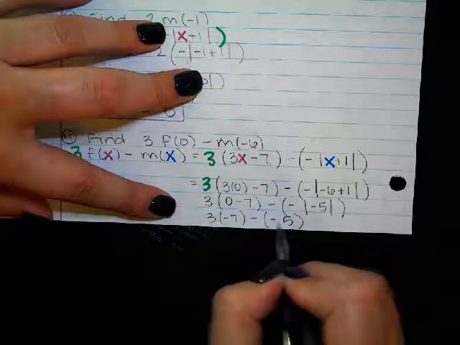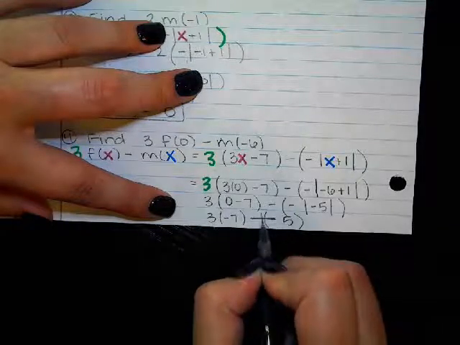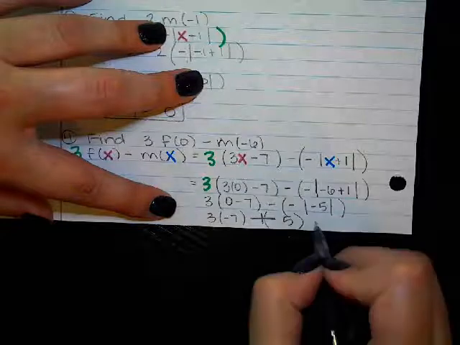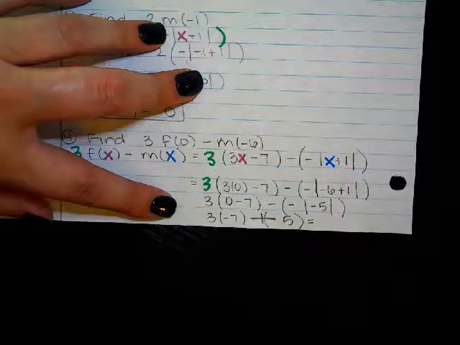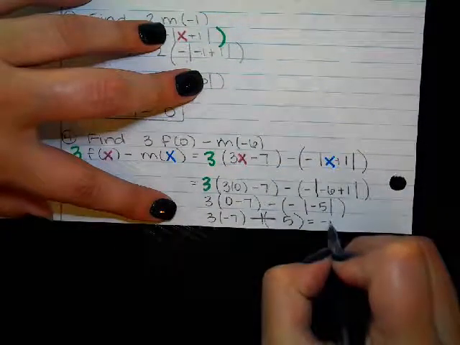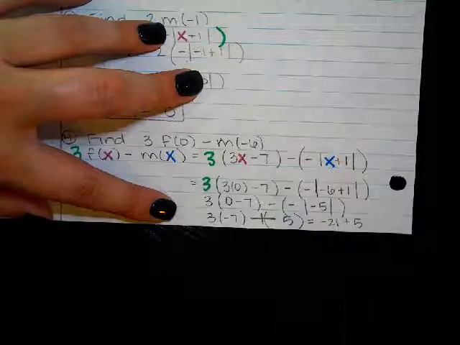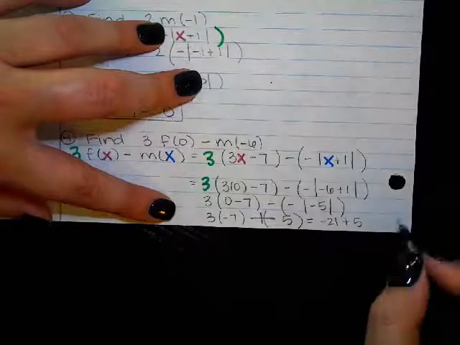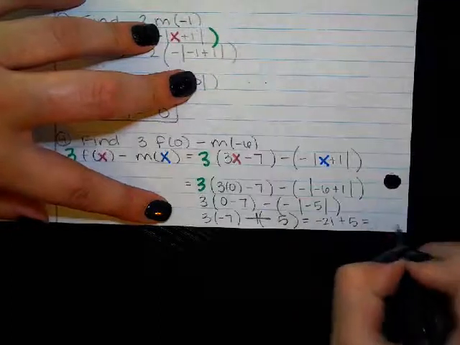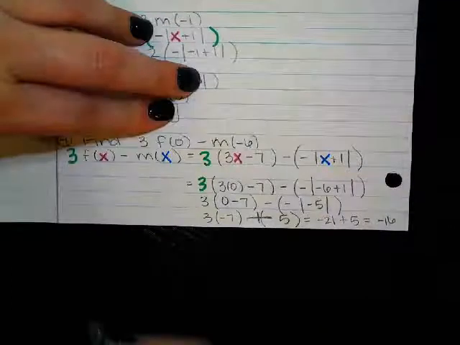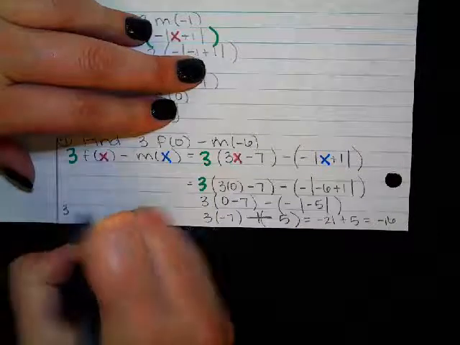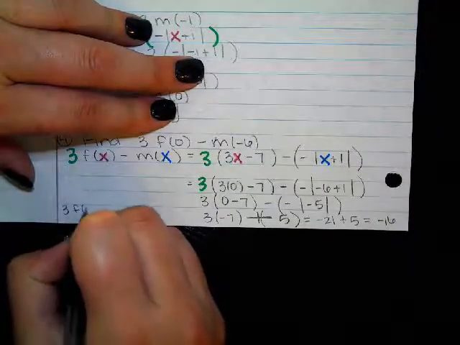So we've got 3 times -7 is -21 plus 5. And then -21 plus 5 is -16. So it appears that 3 times f of 0 minus m of -6 equals -16.